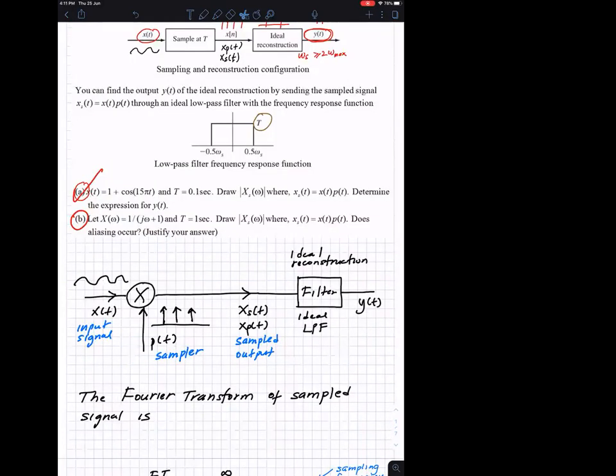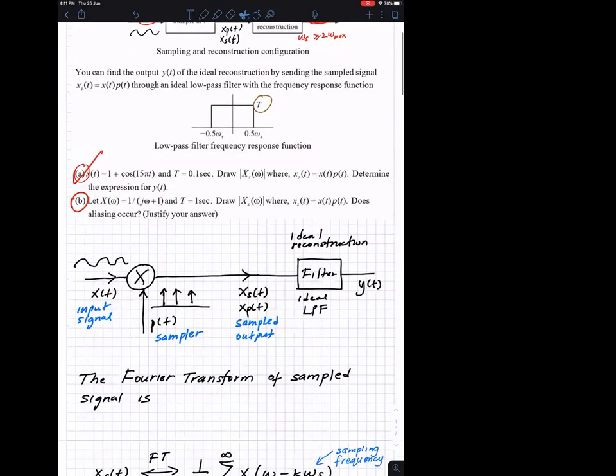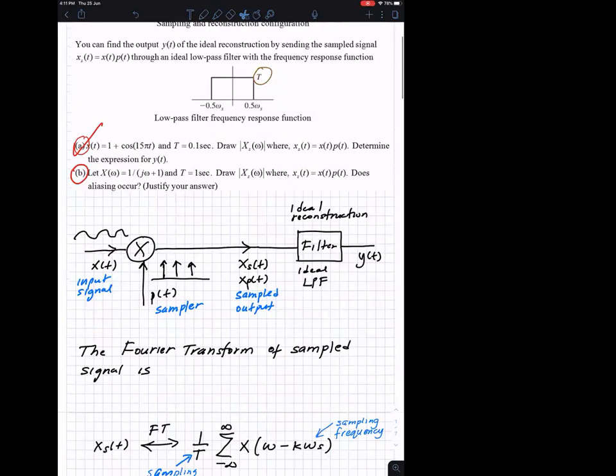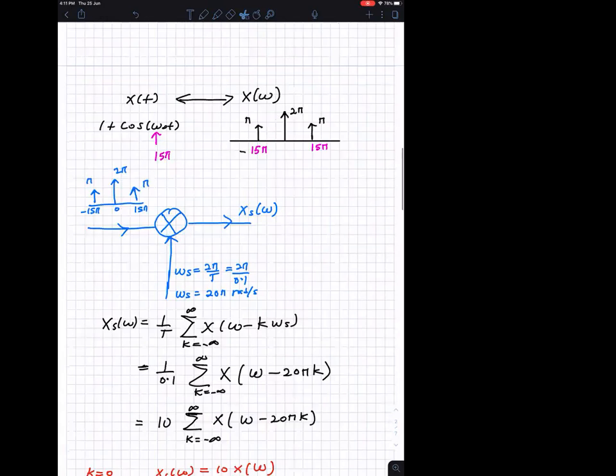So there's no filtering required. Just going to do this part here. So try to understand these problems. Your mini project will be very simple based on these problems.